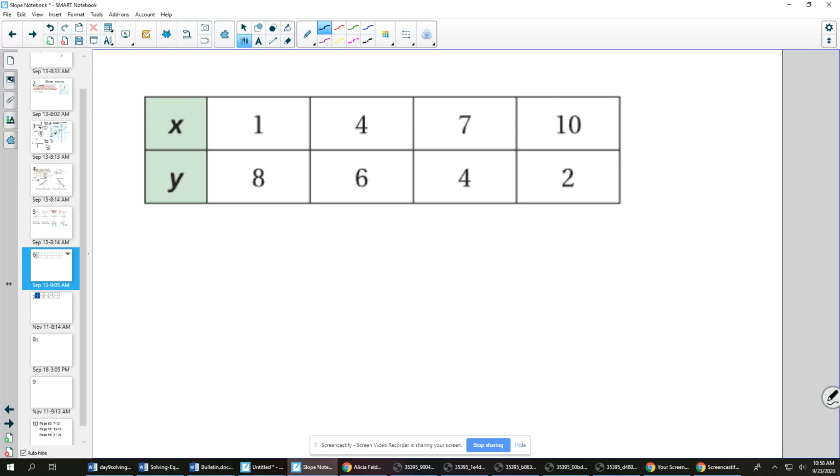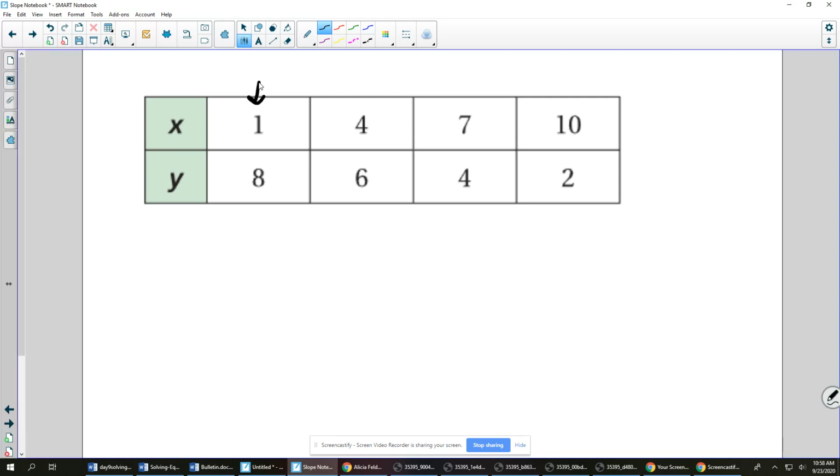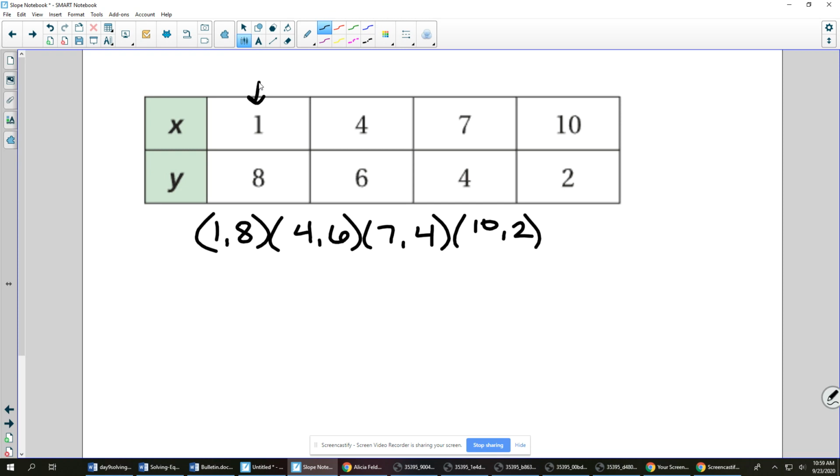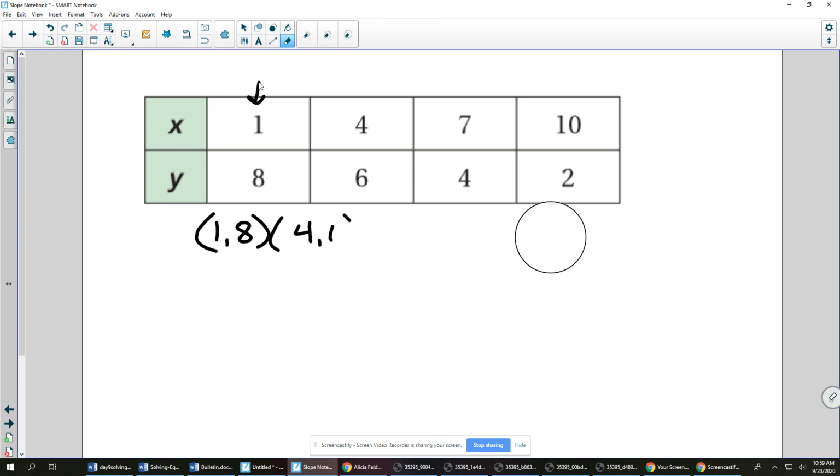So remember, these are coordinates right here. This would be like the coordinate (1, 8). This would be (4, 6), (7, 4), and (10, 2). So those are all coordinates. You could, if you wanted to, take those and put them on a graph. However, I'm too lazy. I don't really want to do extra work.